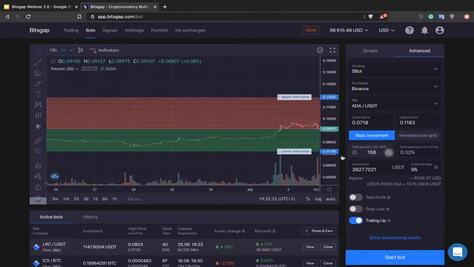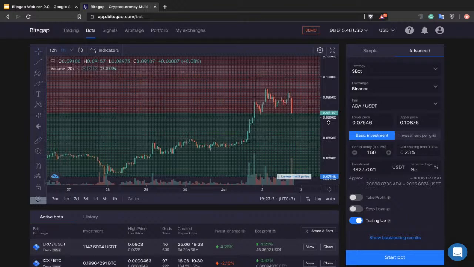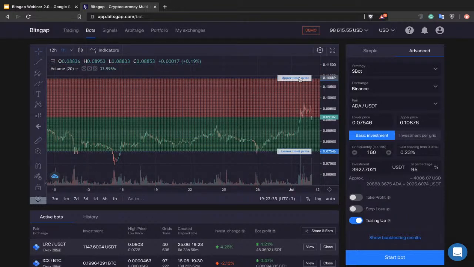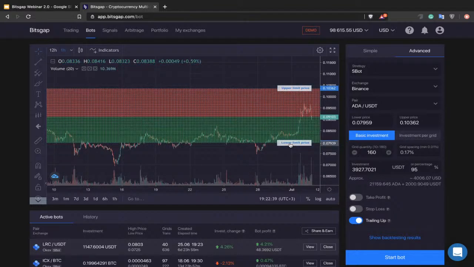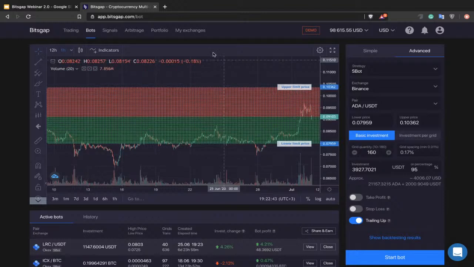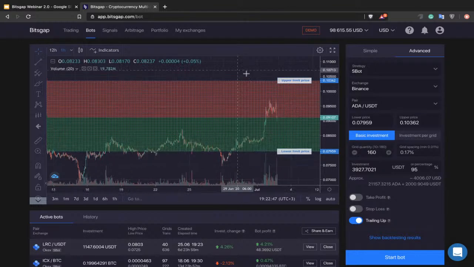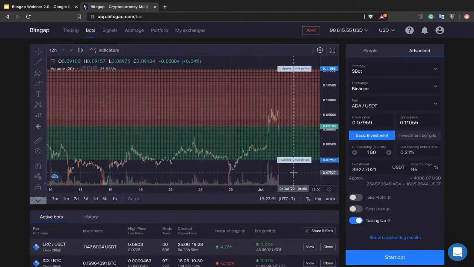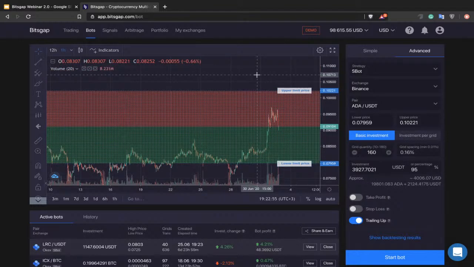So let's make it narrow. The trading range, let's make it narrow. Simply by dragging the line, I can adjust the lower limit price and the upper limit price to make my trading range as narrow as I want, but I can also make it wide enough, so I can manipulate it in any direction.